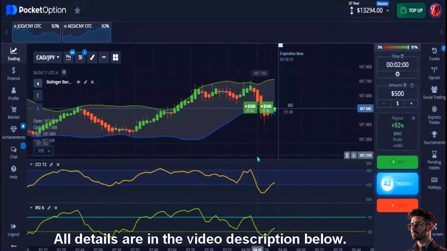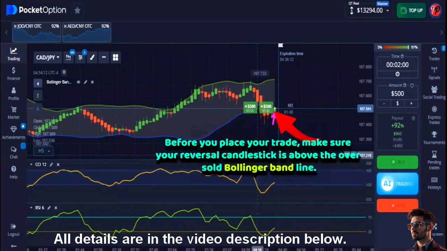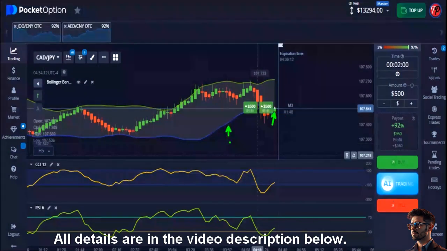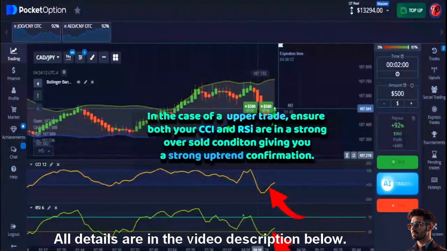Anytime you are going for an up trade, the number one thing is to always make sure that the candlestick you place your trade on is very close to the down line of your Bollinger Band. It's very important that the candlestick is in a very strong oversold condition. The second thing is that your CCI and RSI need to be doing the same thing simultaneously.